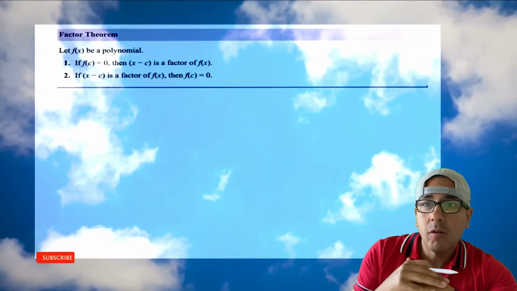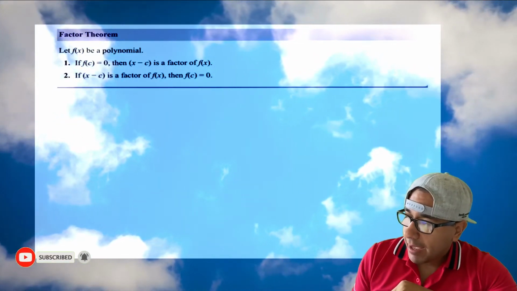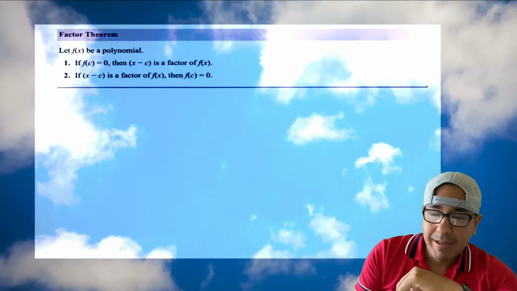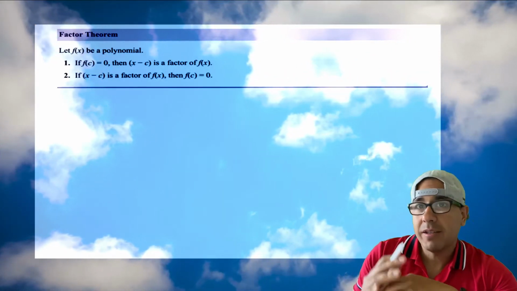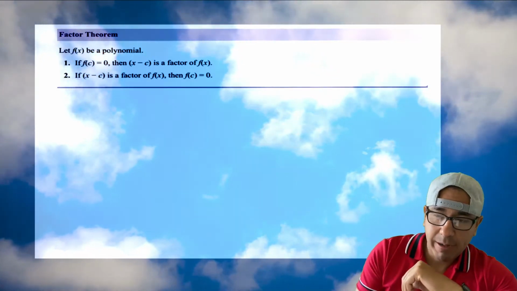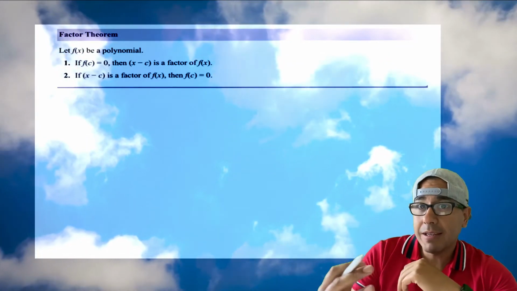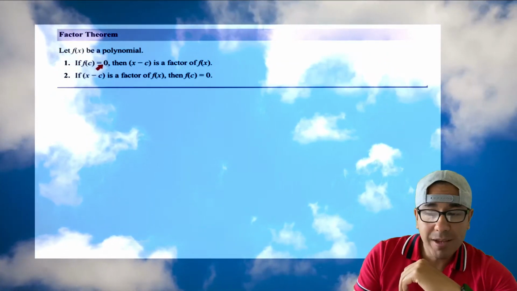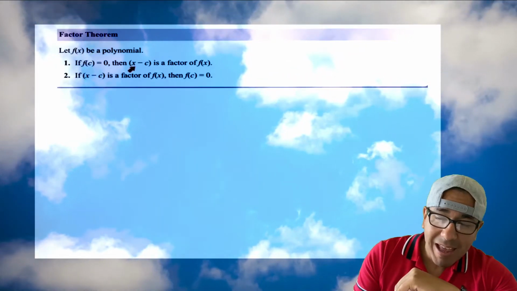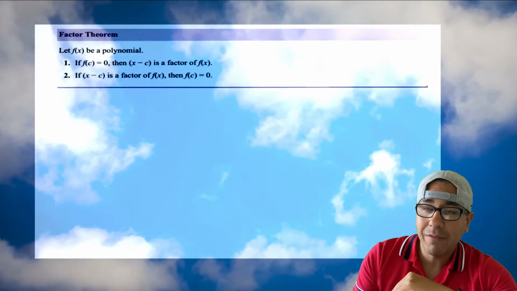All right, so let's go ahead and look at this factor theorem and read all about it. Here's what it says. Let f(x) be some polynomial. If f of c equals 0, so if you take some constant and plug it into f and you get 0 as your output, what that tells us is that x minus c is a factor of f of x.